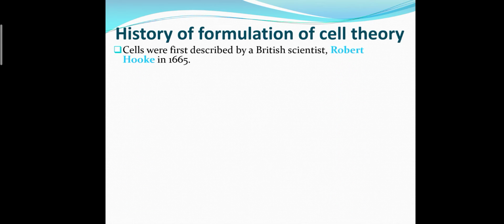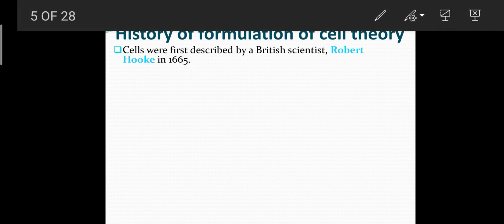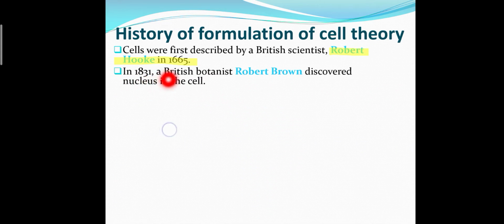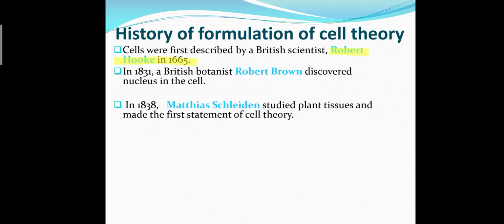Now we will discuss the history of the formulation of cell theory. Cells were first described by a British scientist, Robert Hooke, in 1665. In 1831, a British botanist, Robert Brown, discovered the nucleus in the cell. In 1838, Matthias Schleiden studied plant tissues and made the first statement of cell theory.